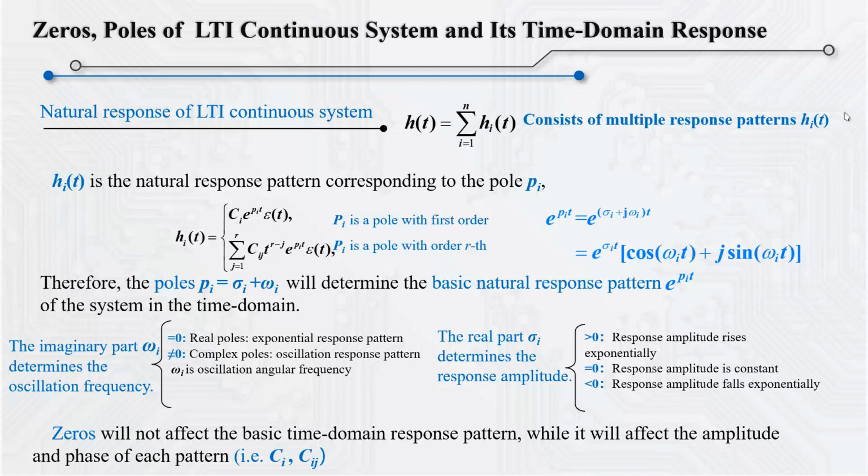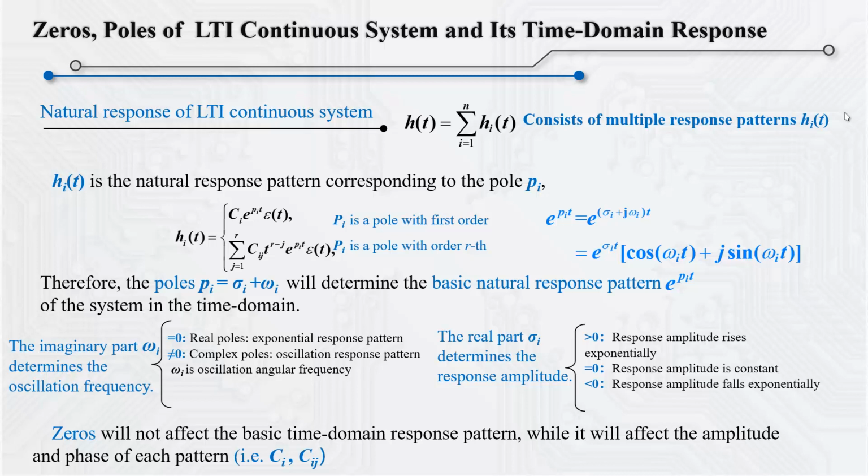The response pattern differs from each other according to the pole and their order. However, the basic pattern is always a complex exponential form. This complex exponential function is determined by the pole pi. Hence, the system's response pattern is determined by the pole.